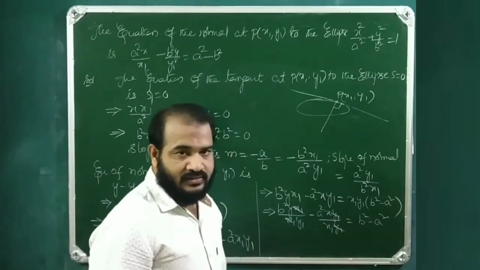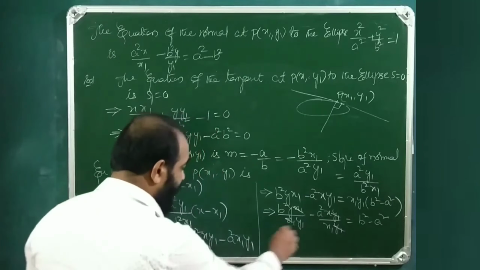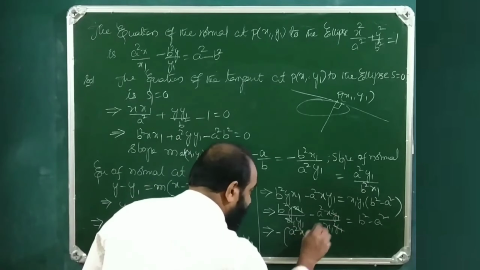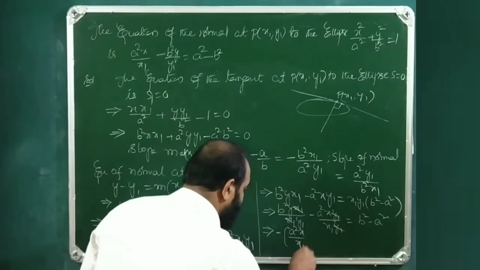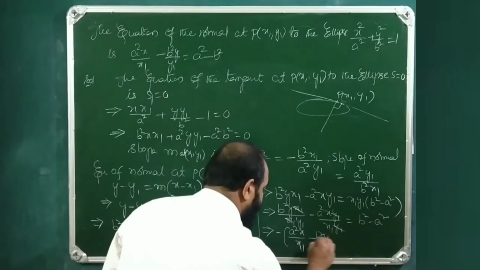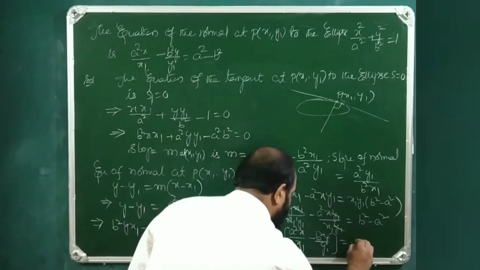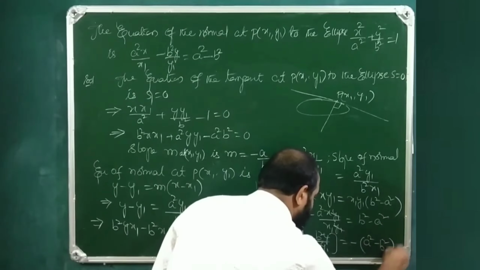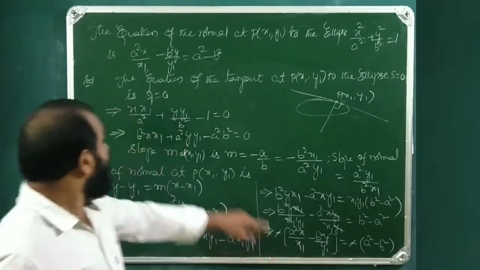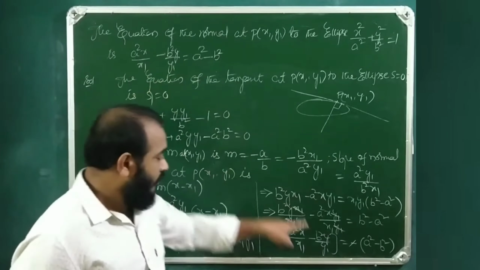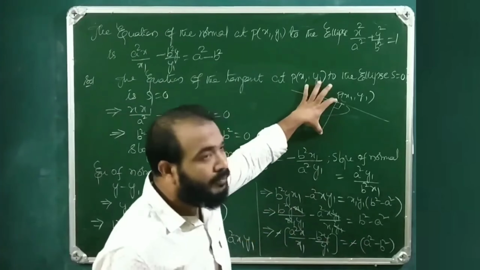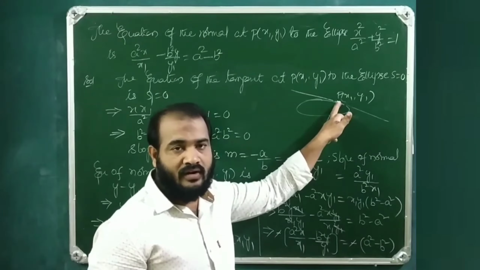If you take minus common, then we'll get minus of a square x by x1 minus b square y by y1 is equals to minus of a square minus b square. So minus gets cancelled on both the sides. Then we get a square x by x1 minus b square y by y1 equals to a square minus b square, which is the equation of this normal at this point P(x1, y1).